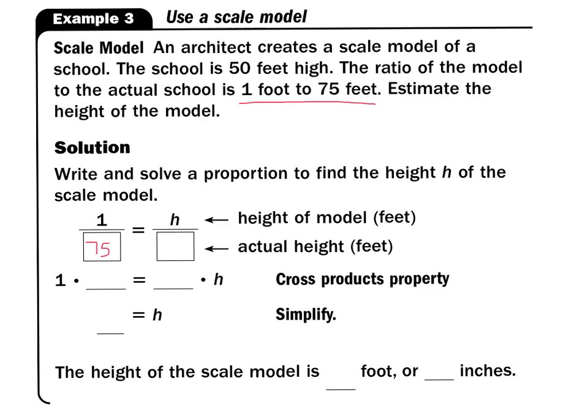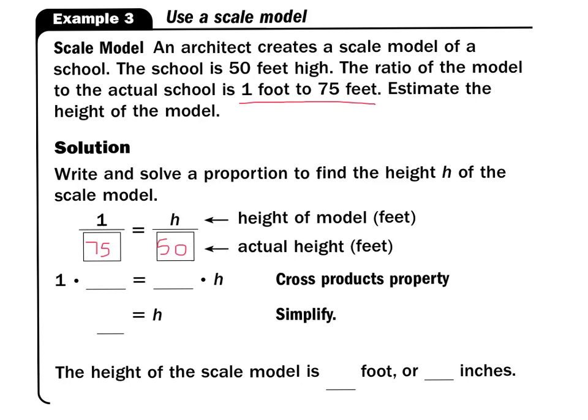The question says, what is the height of the model? Well, 1 foot is the model height, and the 75 feet is the actual height. So if we were trying to find the model height, that h is going to go on top. And the actual height of the school is 50 feet. So that goes on the bottom.